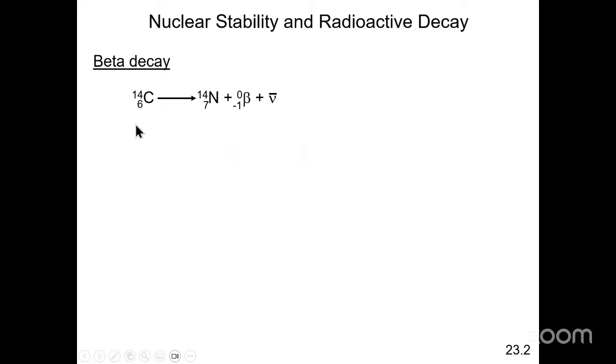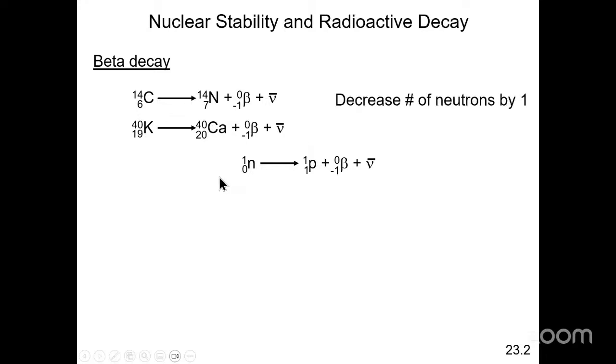So this is what happens when carbon-14 undergoes beta decay to form nitrogen-14, and this symbol here represents electromagnetic radiation that's being produced, right? Here's another example. Potassium-40 will also undergo beta decay to form calcium-40, and also radiation would be formed, right?